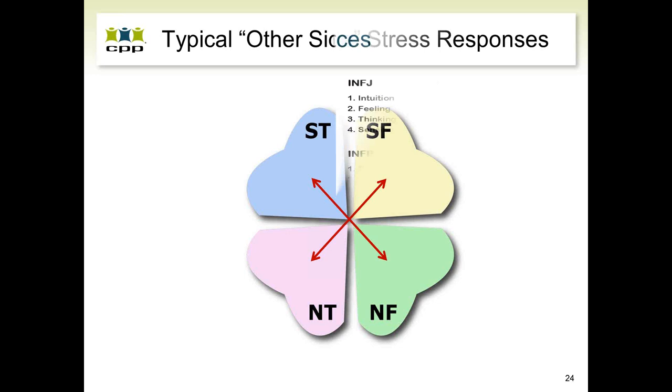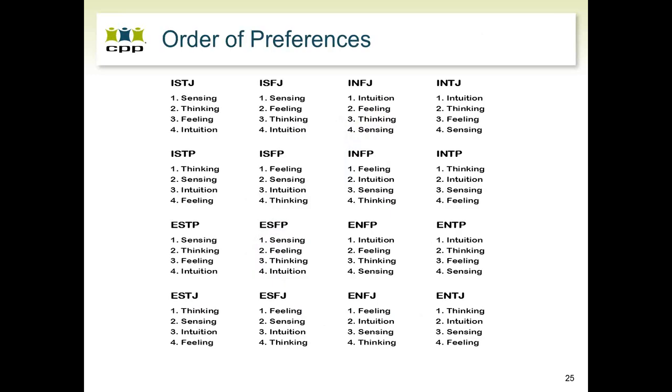And there's a formula for determining the order of the mental functions, the cognitive processes for each type. This formula identifies the number 4 or the inferior function for every type, and it's one of the middle 2 letters, the function that will control us if we're not in control of it.